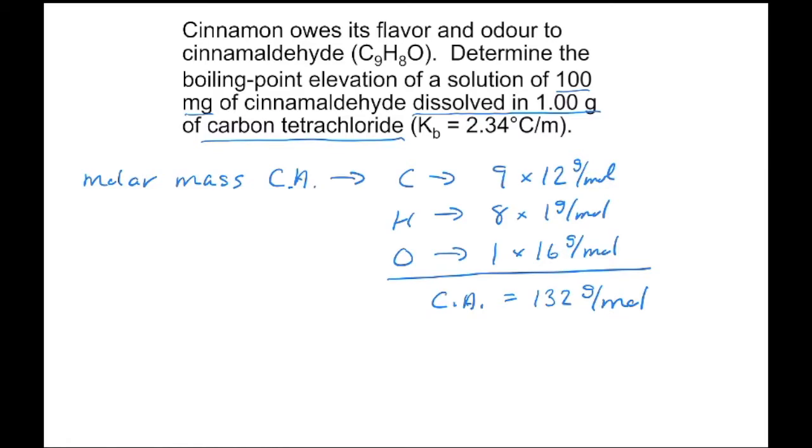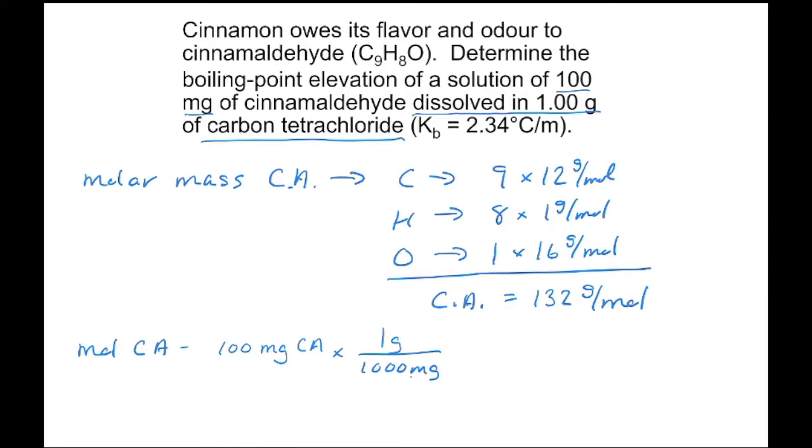Okay, so now we need to figure out the moles of cinnamaldehyde. So we're going to start off with the mass. So we have 100 milligrams of cinnamaldehyde. And we need to turn milligrams into grams because our molar mass is in grams. So times 1,000 milligrams per 1 gram.